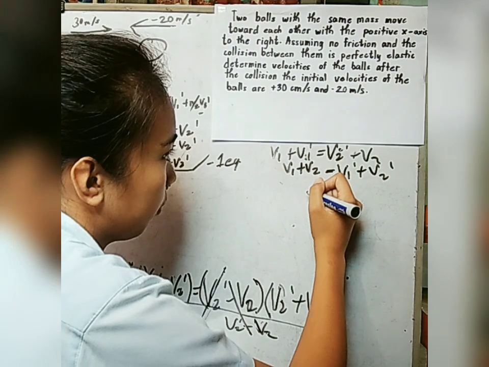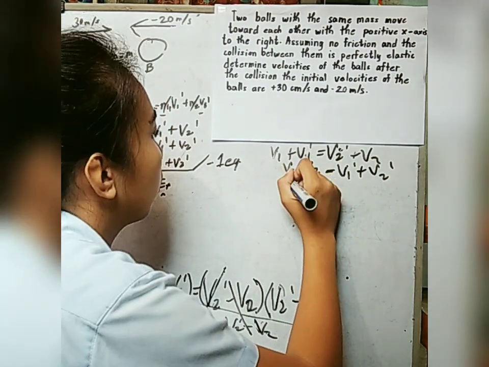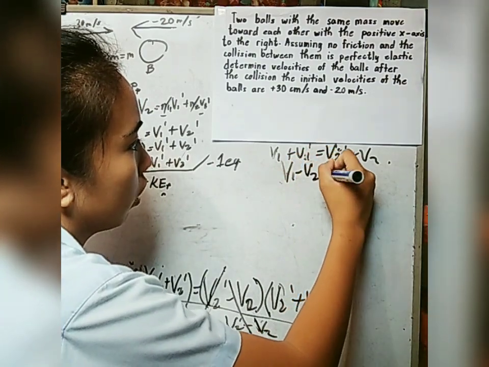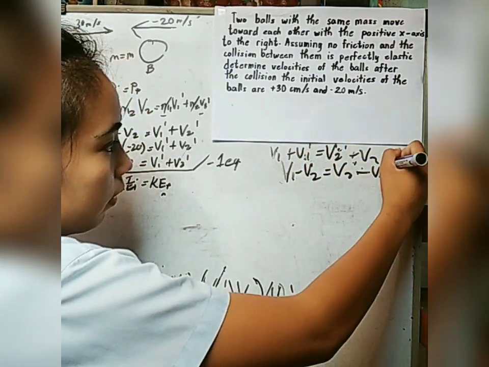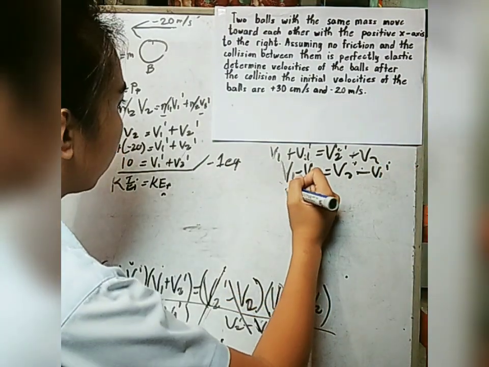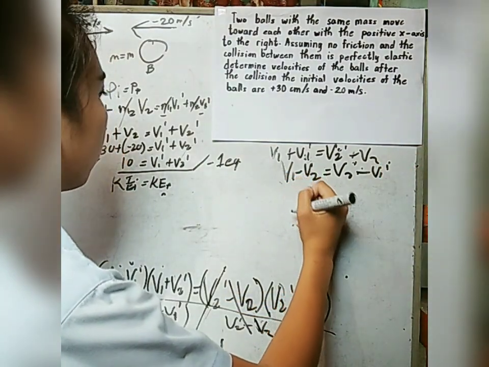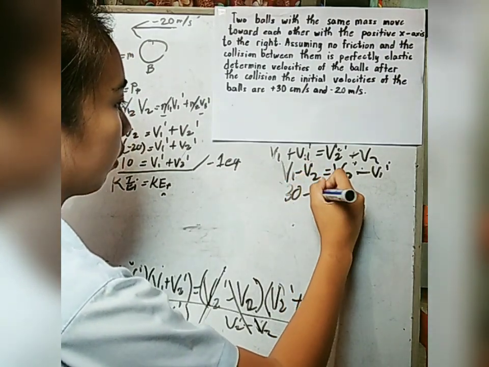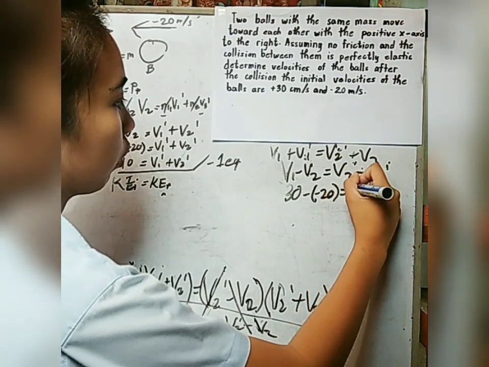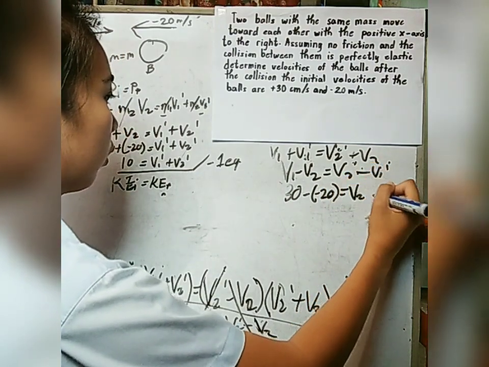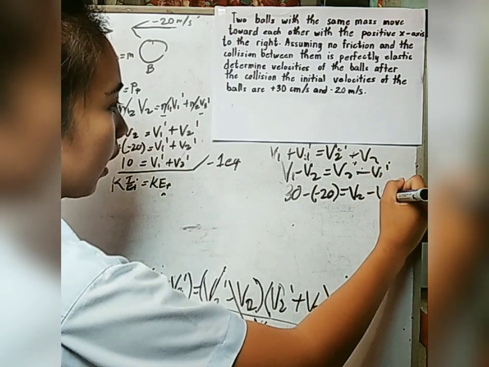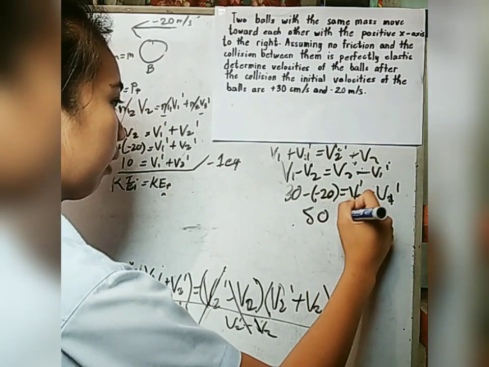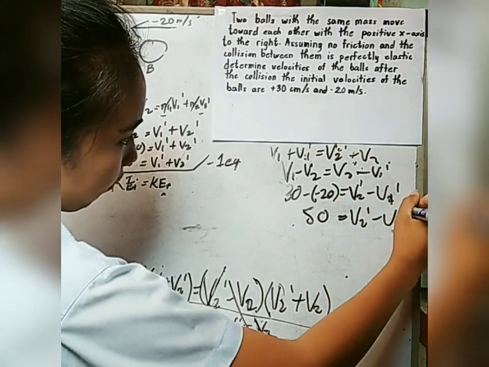So, substitution again. V1 minus V2 is equal to V2 final minus V1 final. V1 is 30 minus negative 20, which is 50, equal to V2 final minus V1 final.